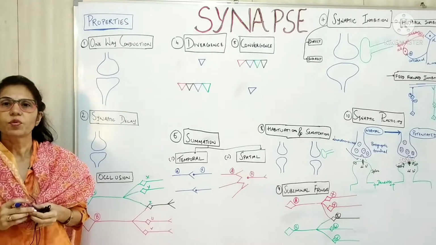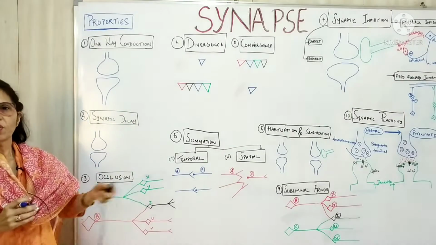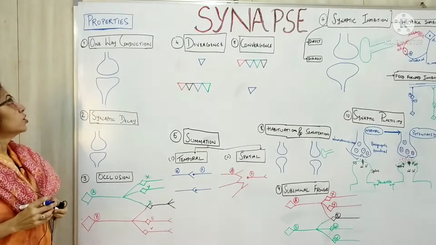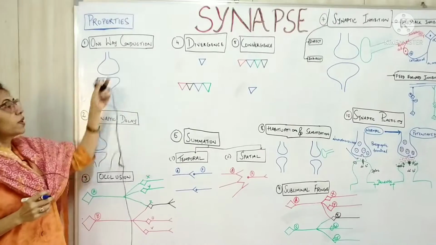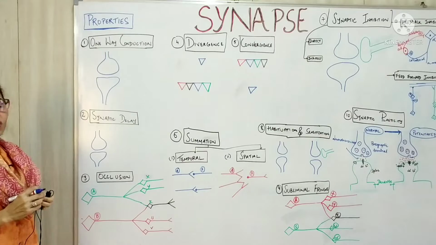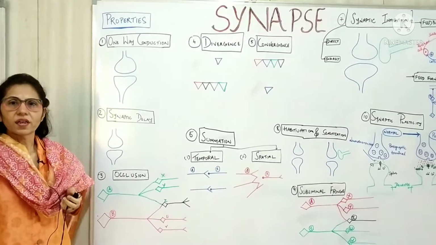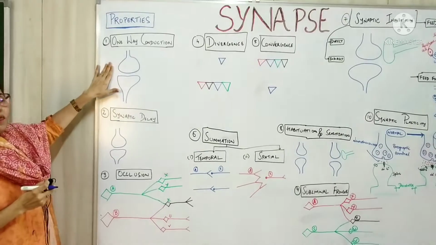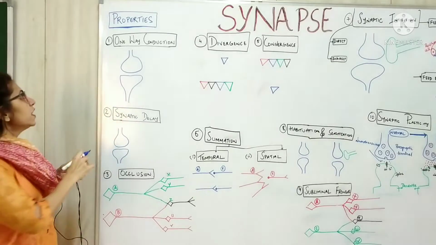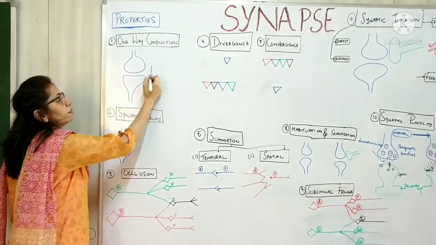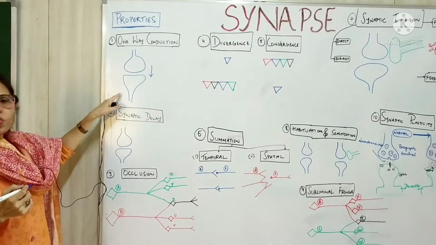Now we will start with the properties of the synapse. There are in total 10 properties which we are going to study. First, coming to the property of one-way conduction, which is also called the law of forward conduction. In this property, we know that the conduction of impulse will always be from the presynaptic axon to the postsynaptic neuron.